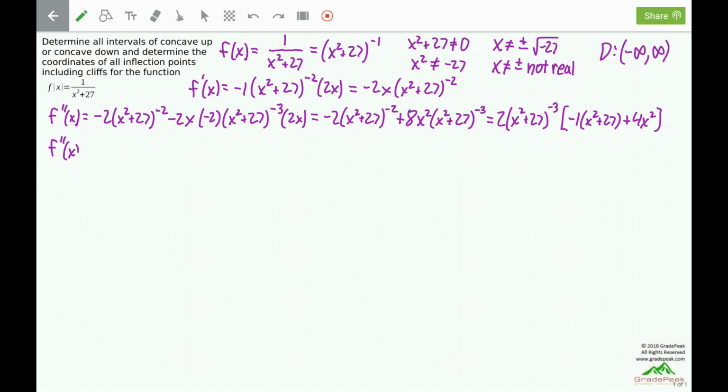So f double prime of x equals, we have a 2 times x squared plus 27 to the -3 power. Inside the square brackets, we can distribute the -1 in, which will give -x squared minus 27, and then plus 4x squared.